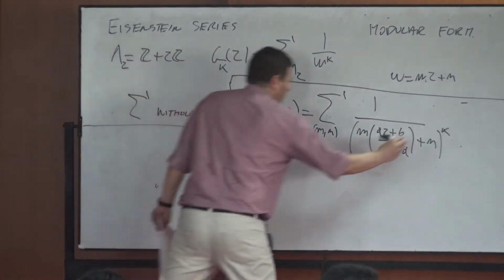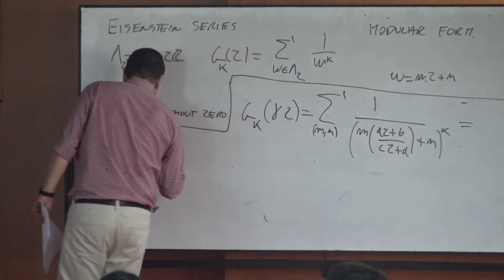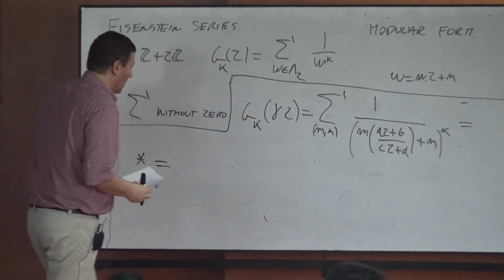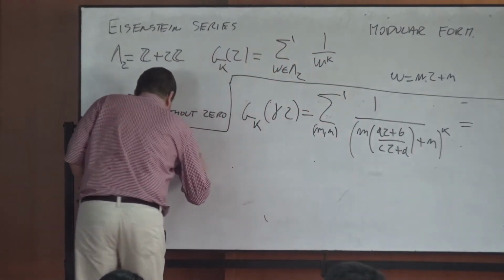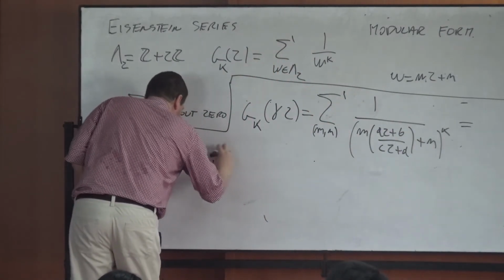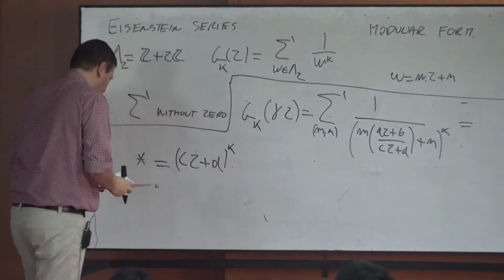So this is equal. Clearly, I can make the common denominator here, and so I can take out (c tau plus d) to the k.